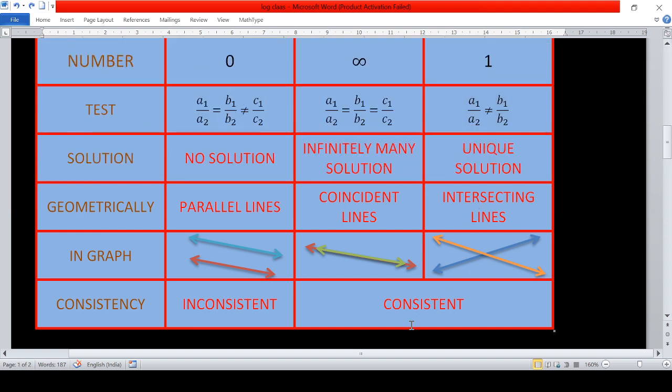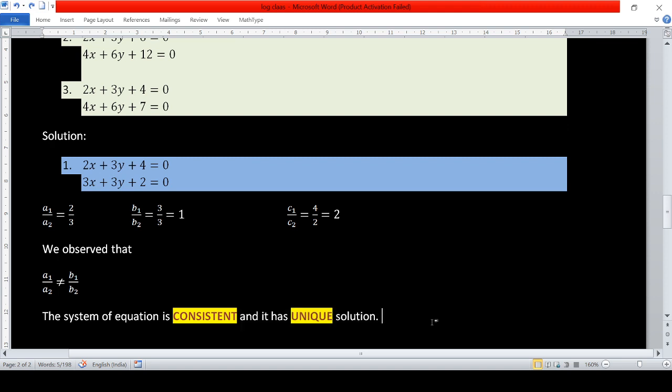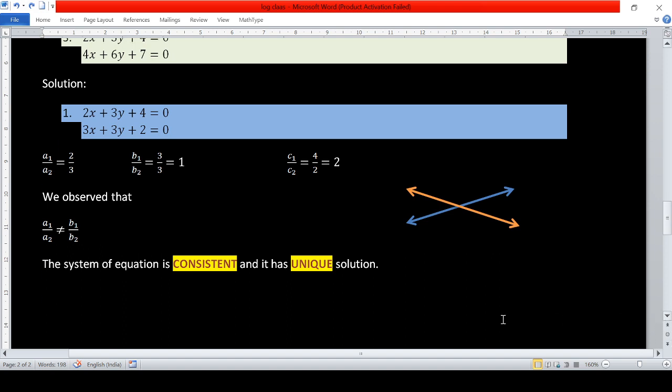Geometrically it means intersecting lines, and that point of intersection is the solution of this system. We are not going to find the solution now; this is the basic class. First we test the consistency and report the number of solutions of the equations. In the next video we'll see the solution of the system of equations.